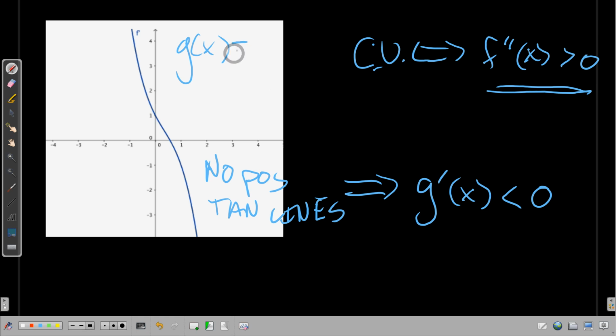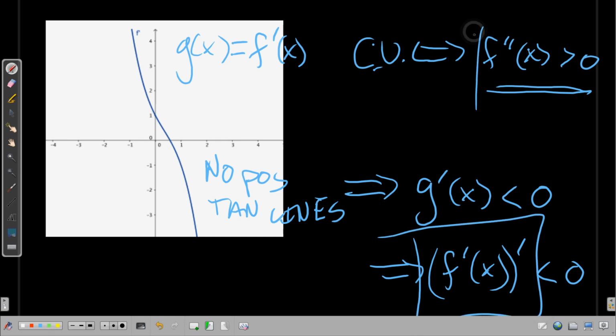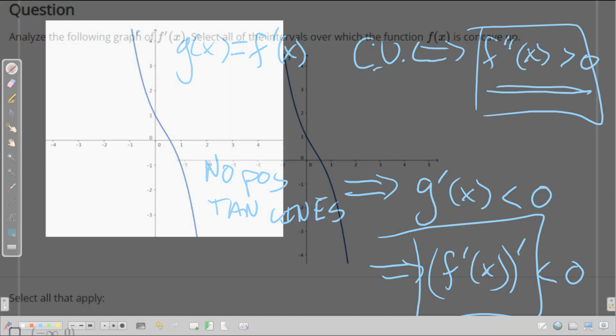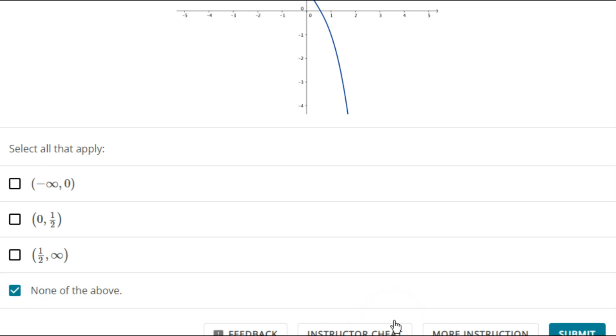But if G of x is equal to f prime of x, then that means that the derivative of f prime of x is less than 0 everywhere, and this is just the second derivative of f. So it doesn't have anywhere where it's concave up.